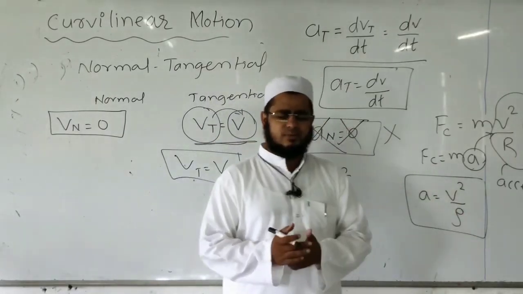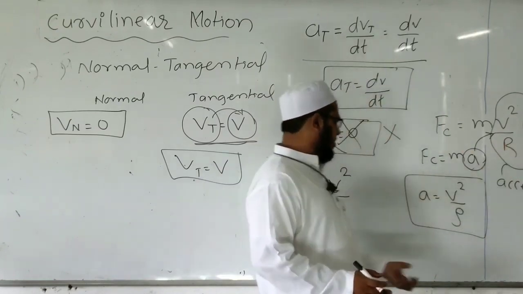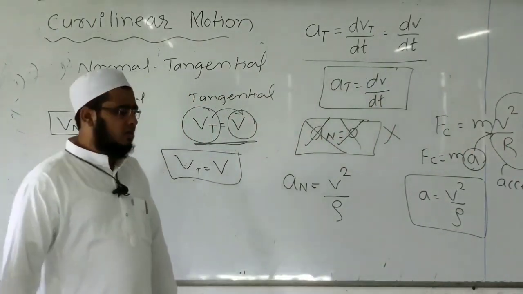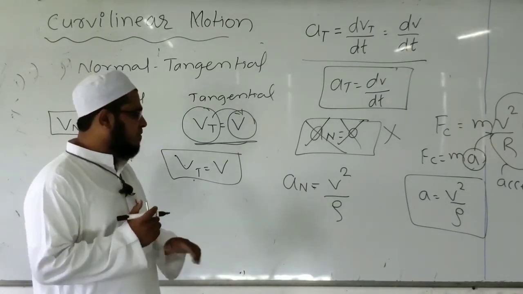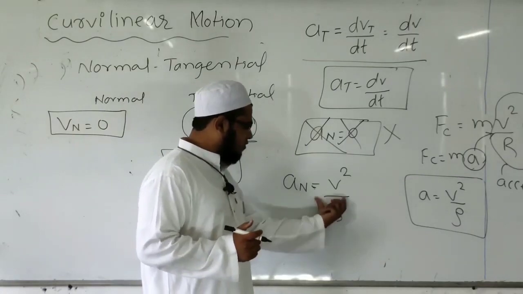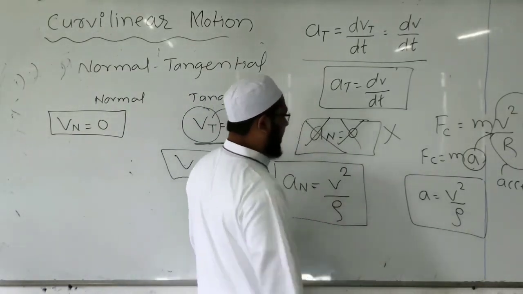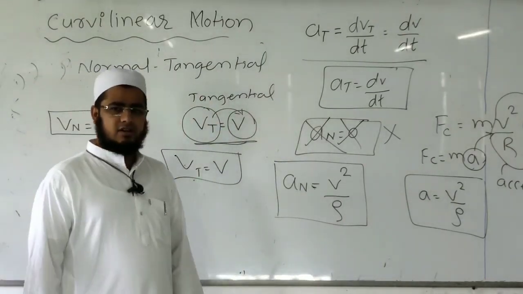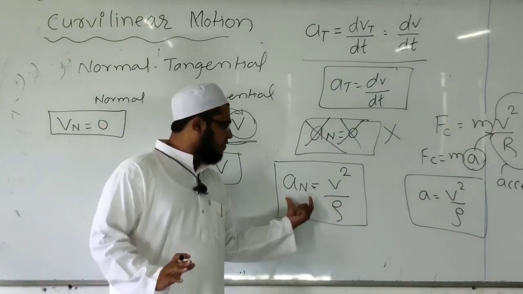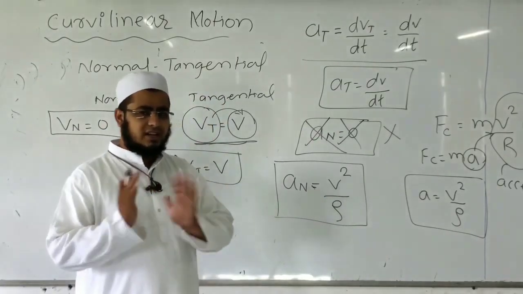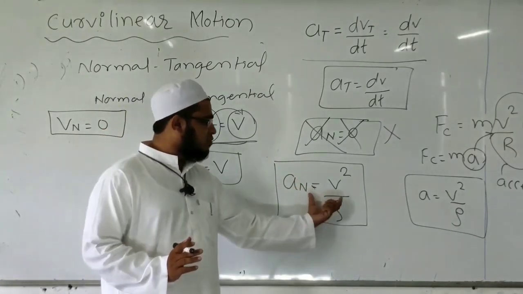Because in so many mechanics books they use rho instead of r, the radius of curvature. So to have simplicity, or to avoid confusion, I am also using rho. An equal to v square by rho is the formula for normal acceleration. Apart from the mathematical expression to obtain this, from the concept we can understand where an equal to v square by rho comes from.